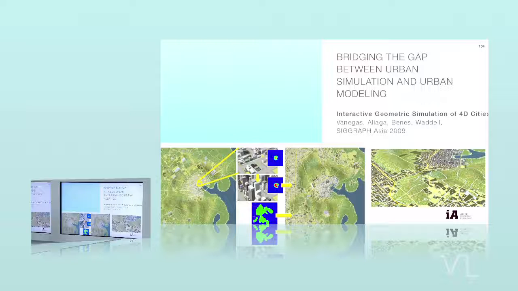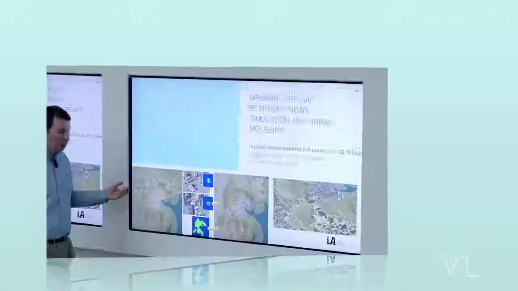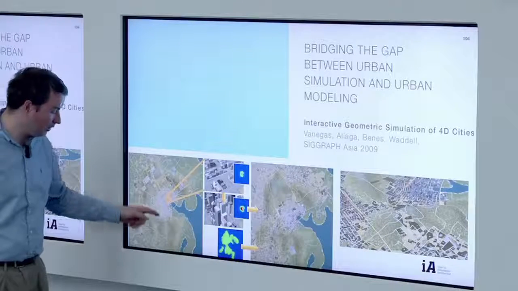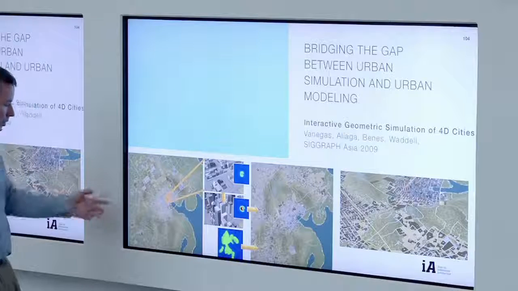So here we have something we call Urbanism, because it was developed at Purdue University by Carlos Vanegas. This is quite a nice tool to quickly set up an information-visualization-based development diagram of a city structure.